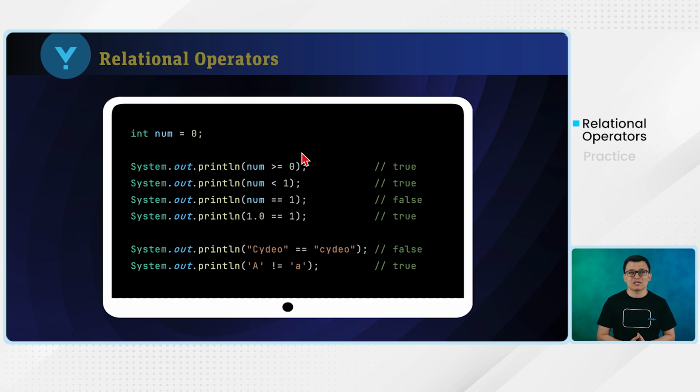Let's take a look at some of those relational operators now. Here in this first print statement, you see it is comparing the value 0 with the variable num. Num was set to 0 at the beginning. So 0 is greater or equal to 0.